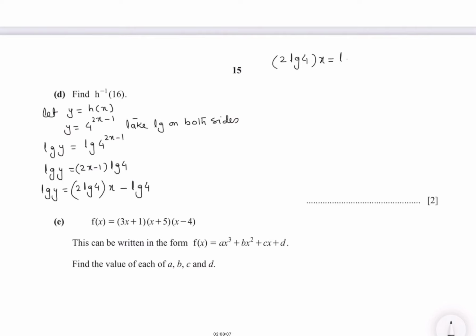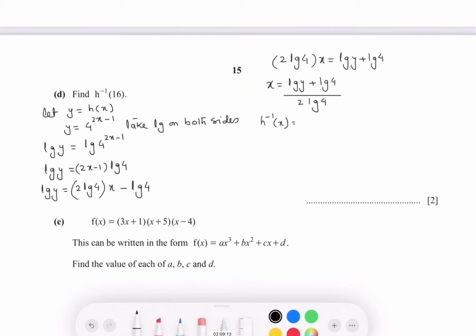So 2Lg4 times x is equal to Lgy plus Lg4. I made 2Lg4 times x the subject. So x equals Lgy plus Lg4 divided by 2Lg4.